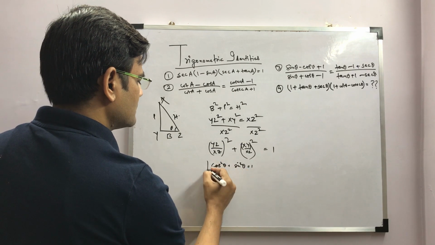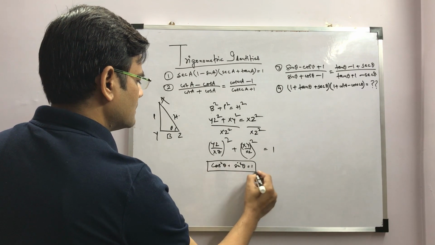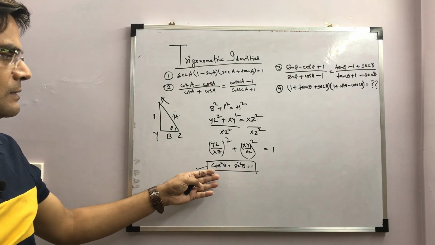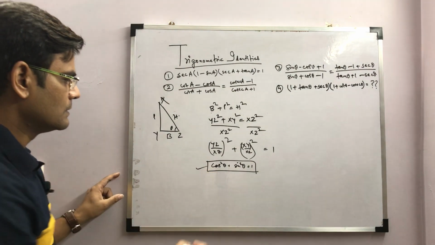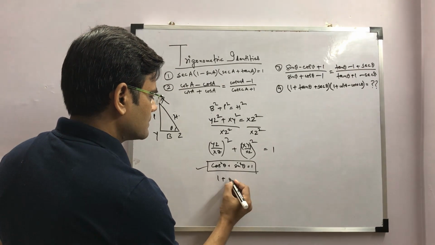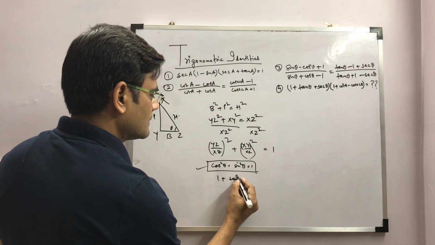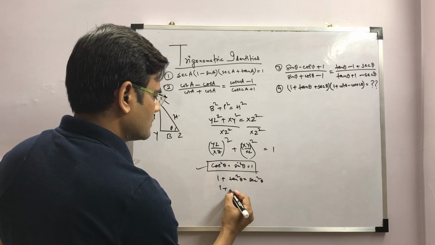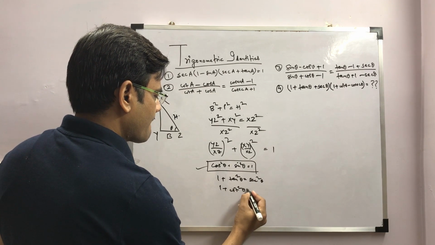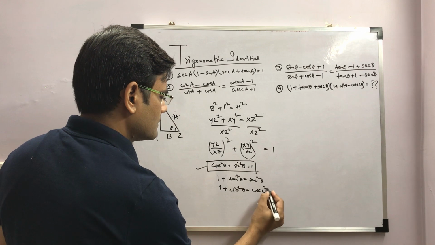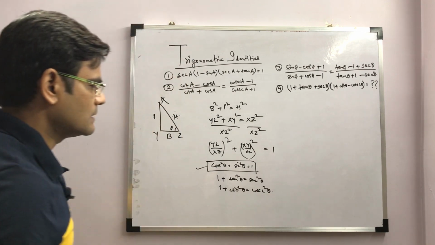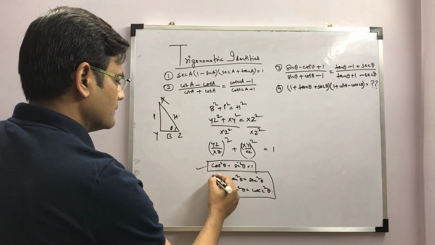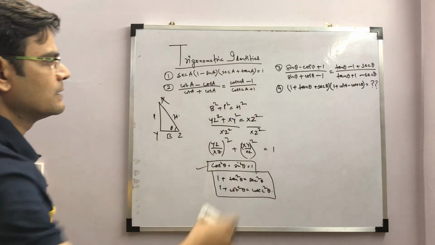So this is the first identity we derive, and with the help of this you can derive another 2: 1 plus tan square theta equals sec square theta, and 1 plus cot square theta equals cosec square theta.